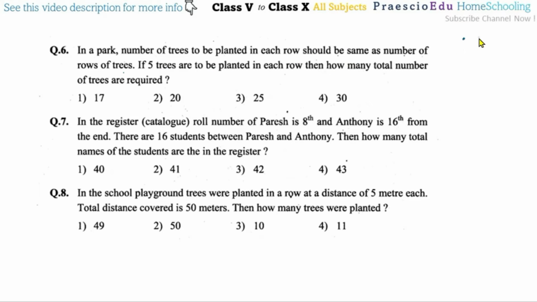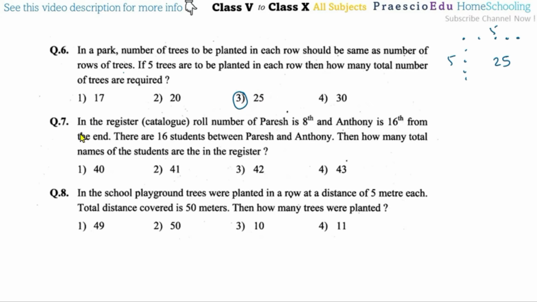Suppose this is 1, 2, 3, 4 and 5 trees, and the number of rows is also the same, here also 5. So 5 rows are there and each row has 5 trees. So this 5 and this 5, multiplication we have to do, so that is 25. So option number 3 is the correct one.